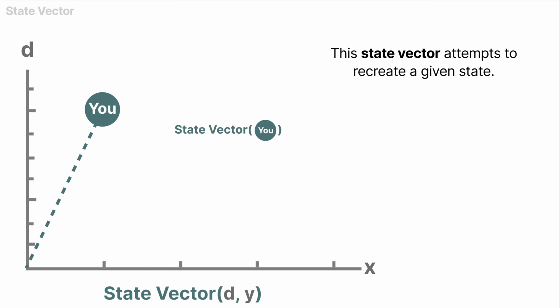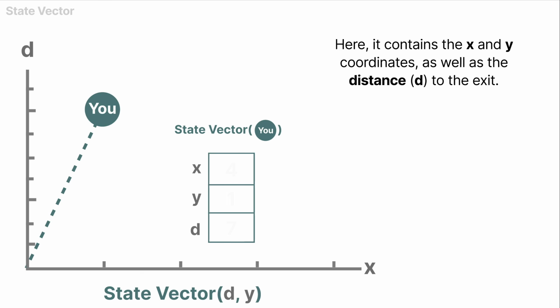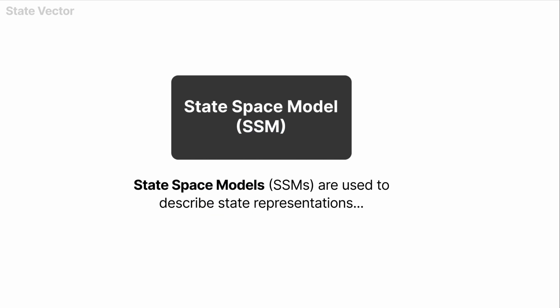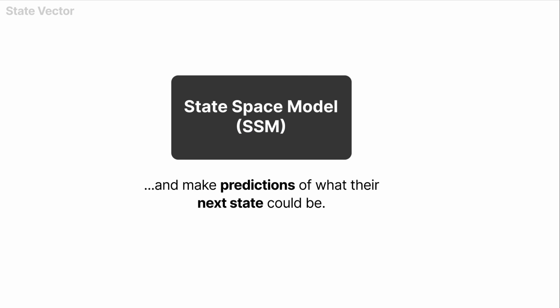This state vector attempts to recreate a given state. Here it contains the x and y coordinates, as well as the distance to the exit. State space models, SSMs, are used to describe state representations and make predictions of what their next state could be.